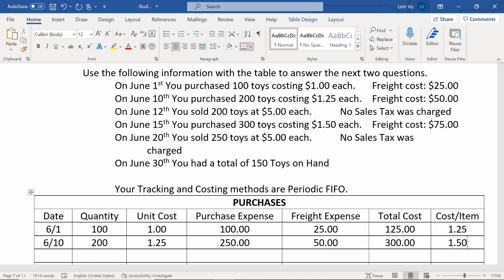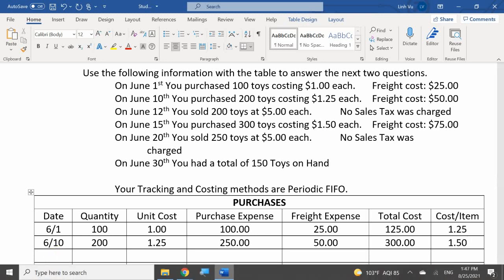Then June 15, you purchase a total of 300 units costing $1.50 with a freight of 75.